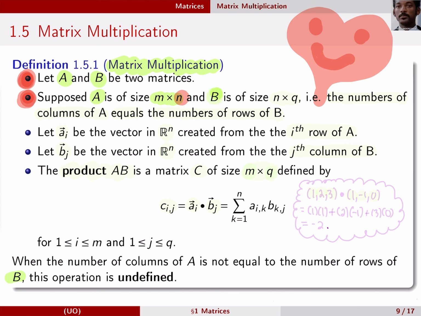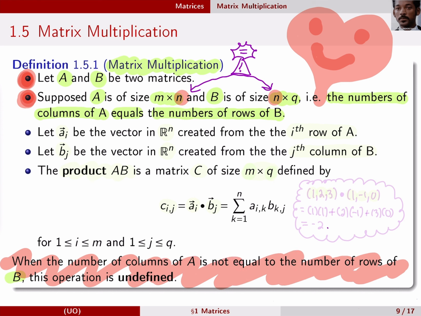And then B needs to be n by q, so n rows and q columns. So here it is absolutely essential that the number of columns of A, the number n, is equal to the number of rows of B. This is the requirement for that operation to be defined.